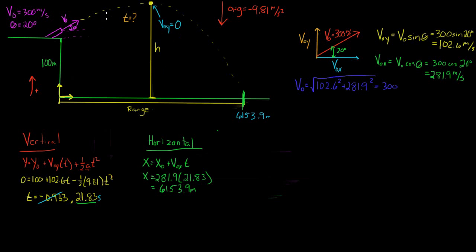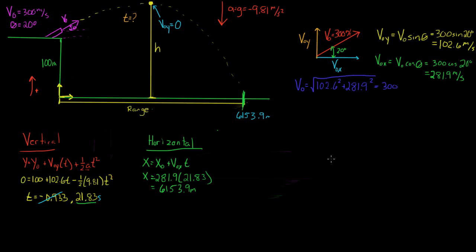And we know this because it's no longer climbing, it's no longer getting higher, and it hasn't just yet begun to fall down. And we also know that the velocity in the x direction never changes throughout the entire flight. The velocity in the x direction is always going to be its initial velocity.